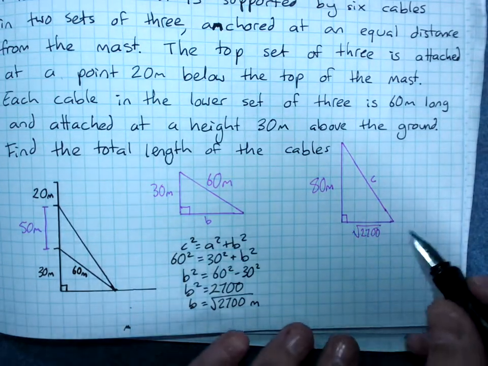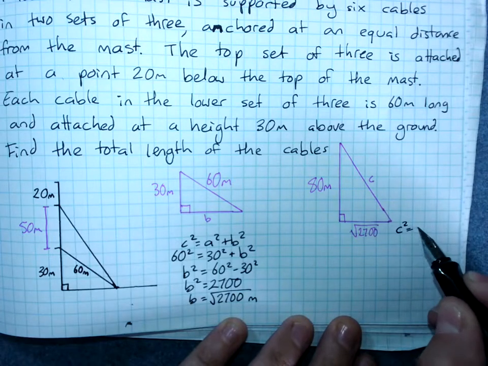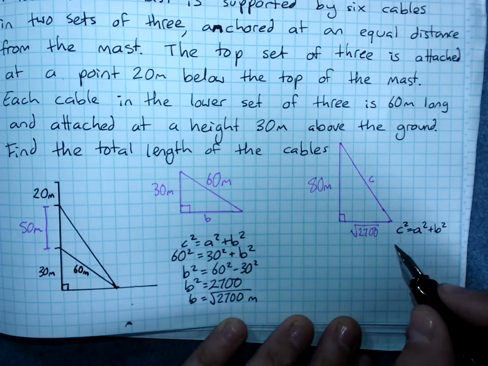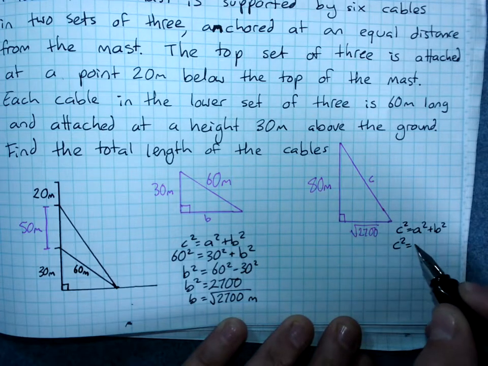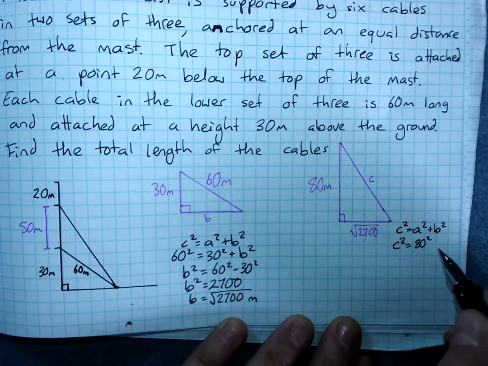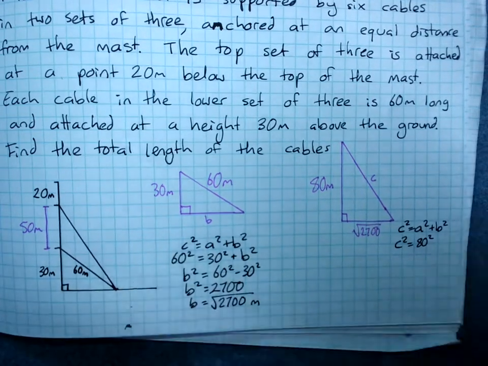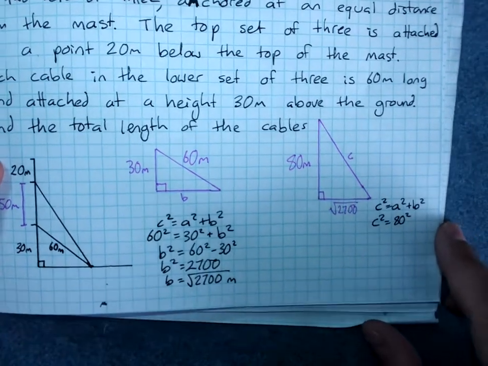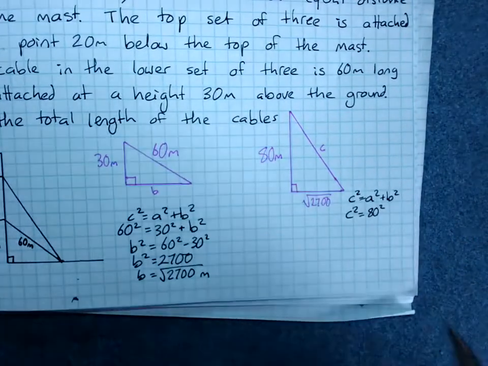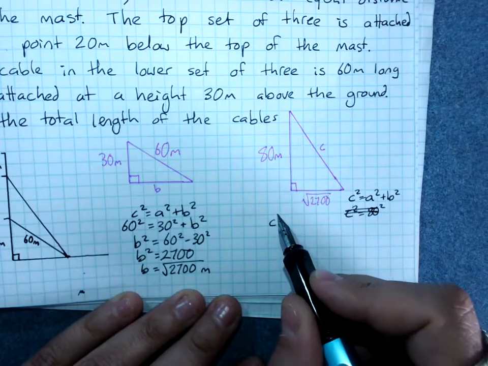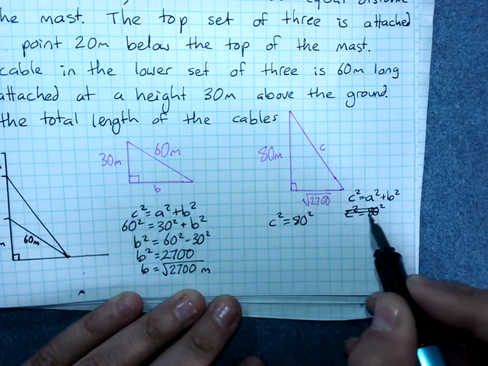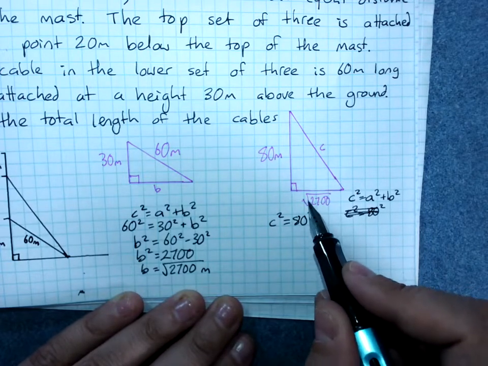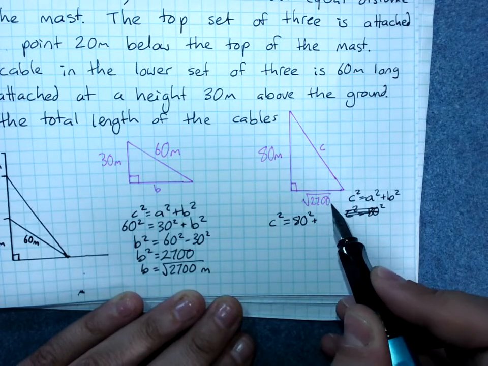C squared is A squared plus B squared. Substitute your values. 80 squared plus, now, the square root of 2700 squared.